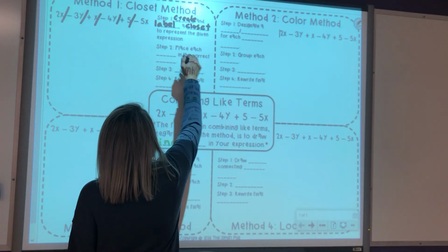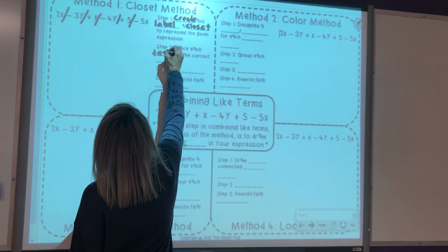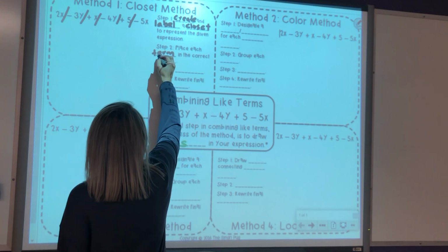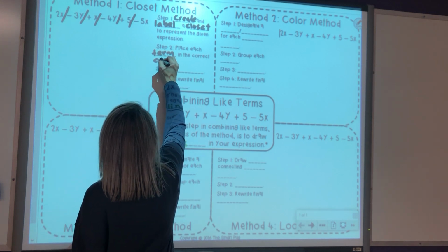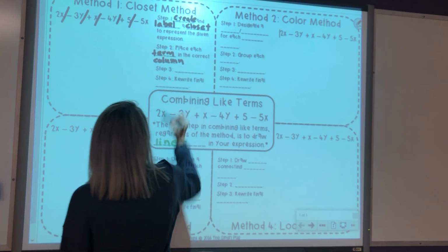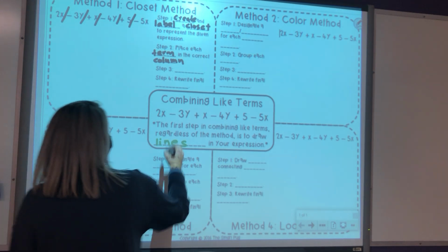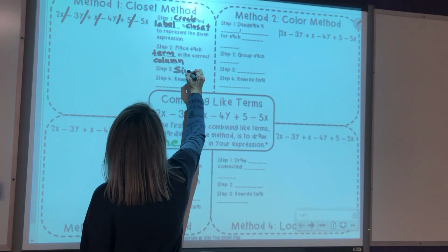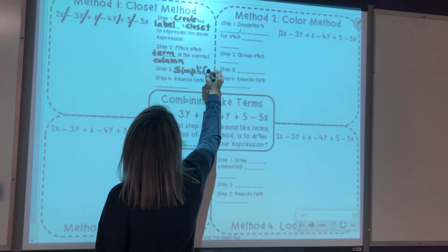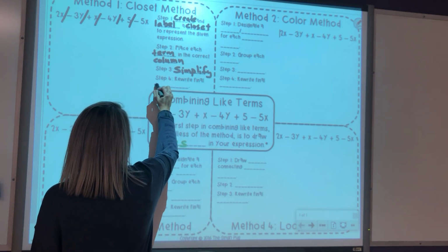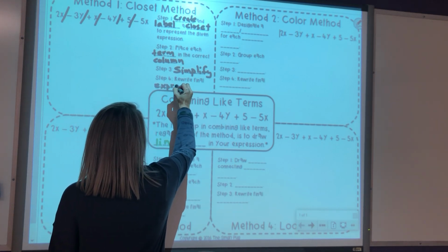We're going to place each term in the correct column. We're going to simplify. And then we're going to rewrite the final expression.